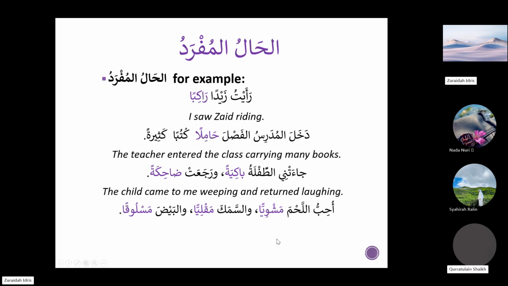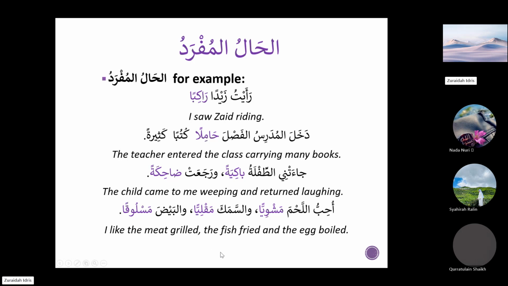Okay, close. والسمك مقليا, and fish fried. Yes, excellent. والبيض مسلوقا, and egg boiled. Yes, boiled. Alhamdulillah. So we read the same textbook.